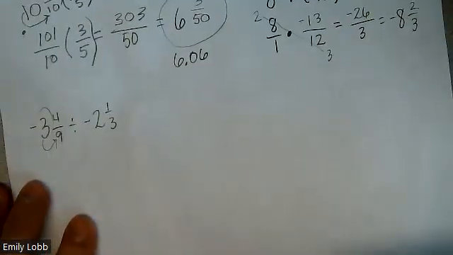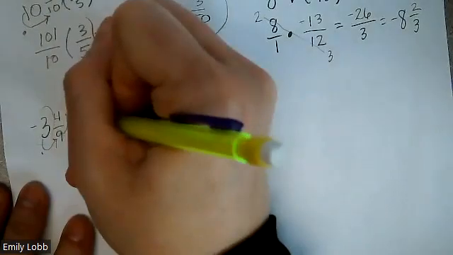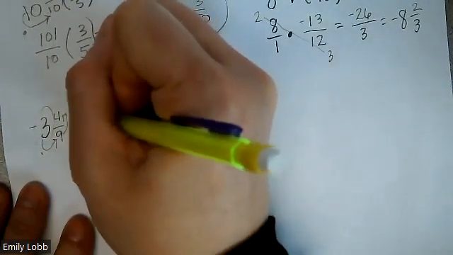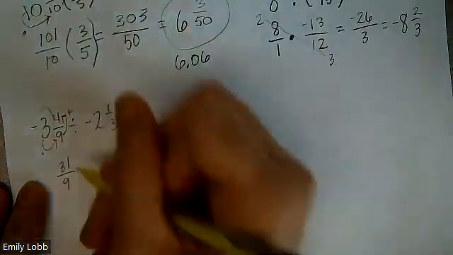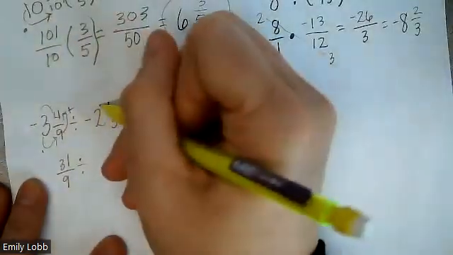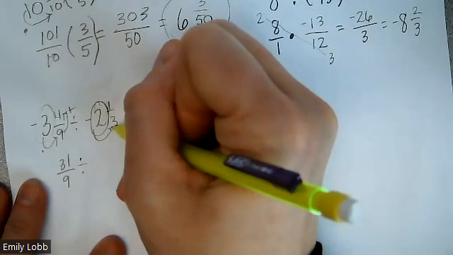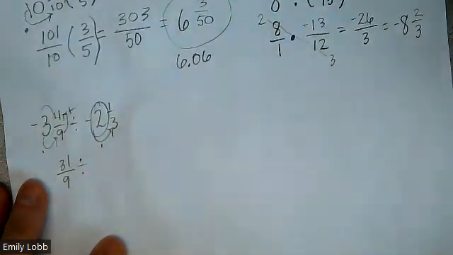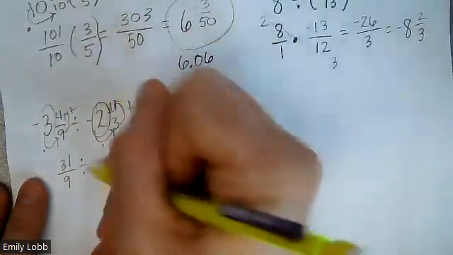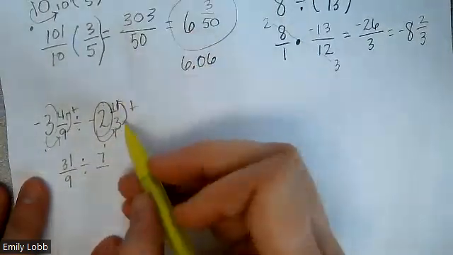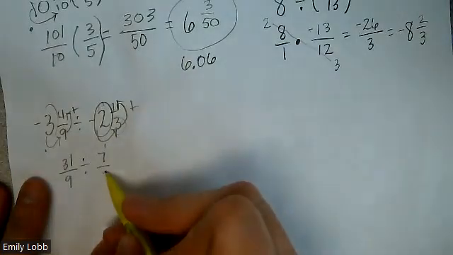What's 3 times 9? 27 plus 4. So I have 31/9 divided by 2 times 3, which is 6, plus a 1 makes 7, and it's over 3.